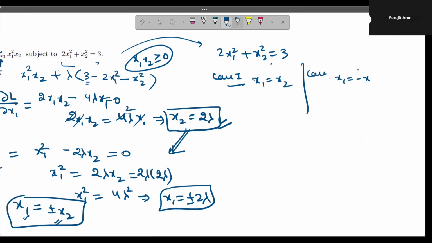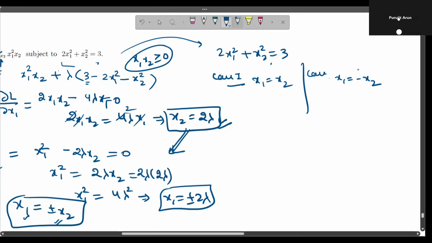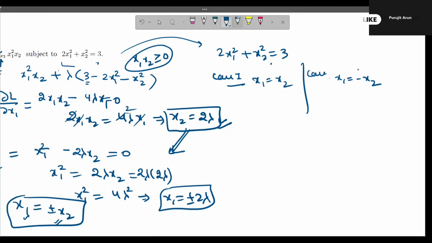So here, 3 x1 square equals 3, so x1 equals plus or minus 1.